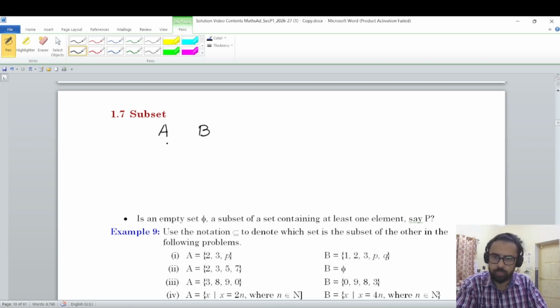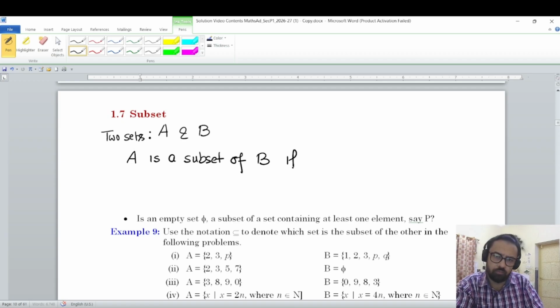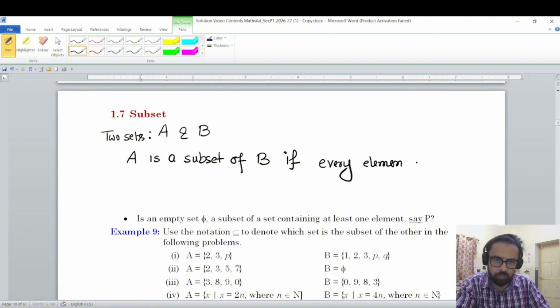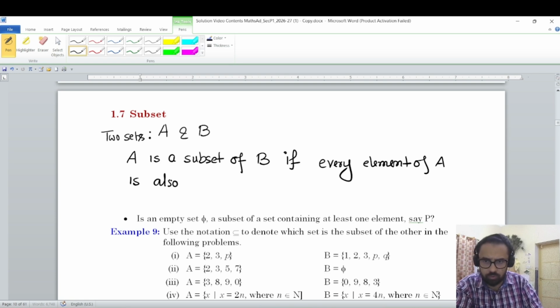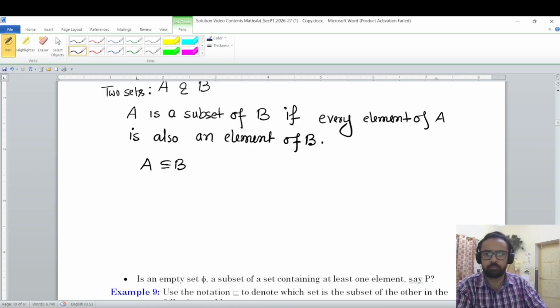There are two sets, A and B. Then we say A is a subset of B if every element of A is also an element of B. So in symbol, we can write like this: A subset of B. This is the symbol of subset, A subset of B.